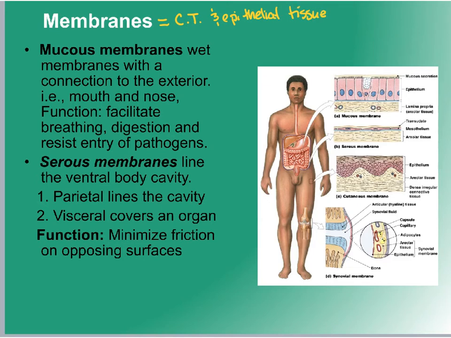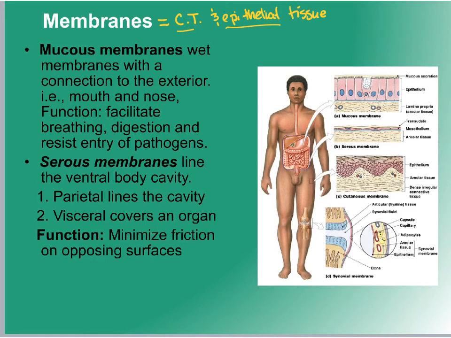So now that we know about connective tissue and we learned about epithelial tissue, it makes sense at this point to cover membranes. This is why we didn't really cover membranes back when we covered connective tissue, because I wanted you guys to know about epithelial tissue and connective tissue first, so that you could understand what the components are of a membrane.